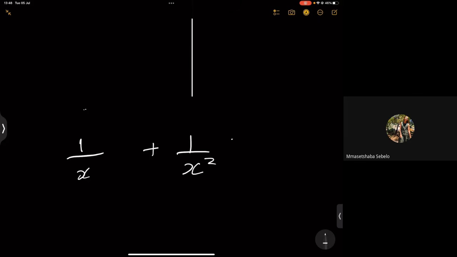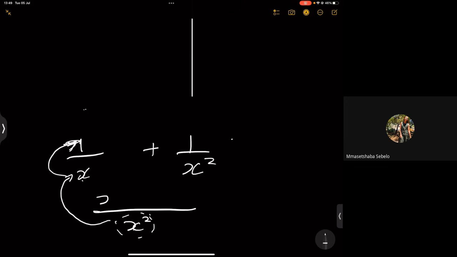So my LCD would be x squared. Now, please listen carefully. When I make it into a fraction, I always say LCD divided by my denominator, and the quotient of it I multiply by the numerator. So x squared divided by x will give me x. X times 1 is x. Correct.